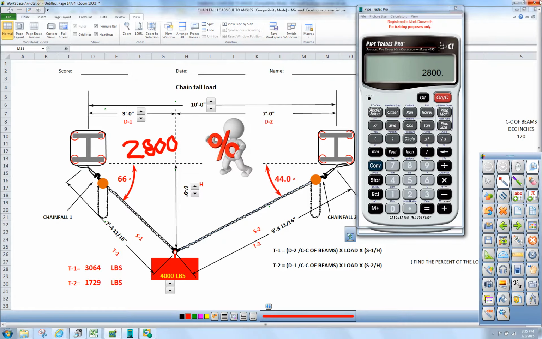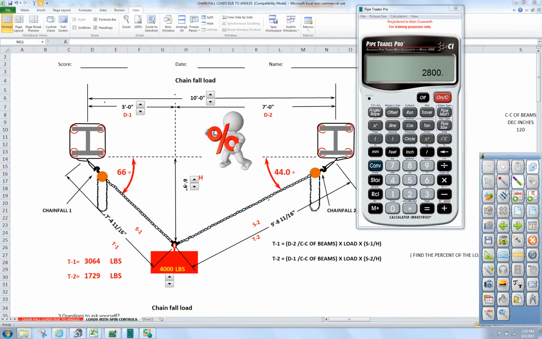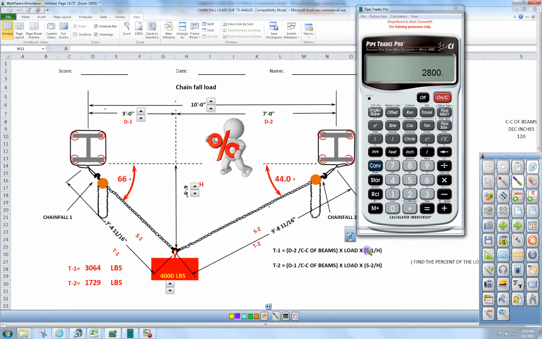We did the later part of this problem last week. This is your sling multiplier. So we got the 2,800 in there, and we're going to times it by, in parentheses, this dimension divided by this dimension.